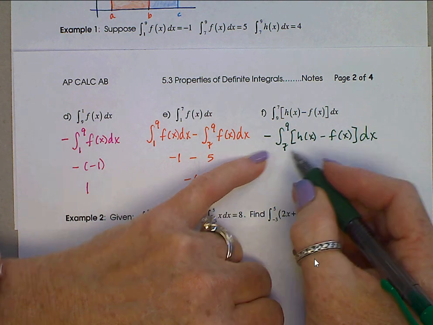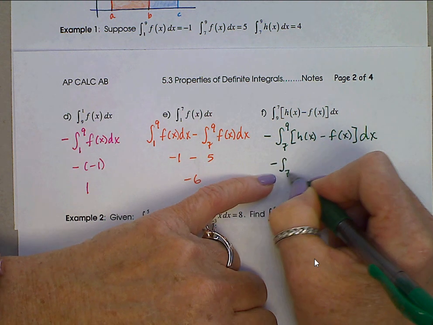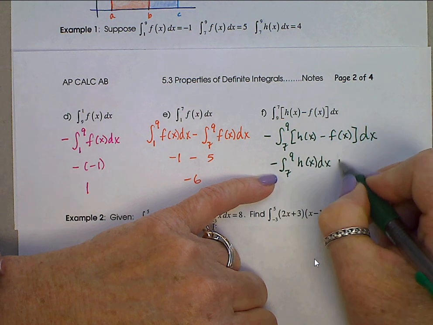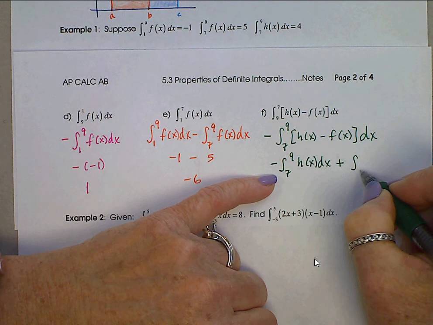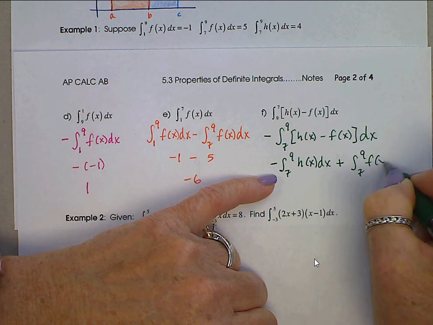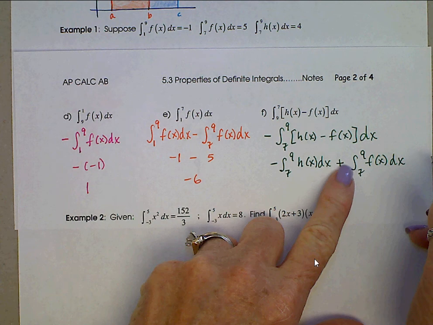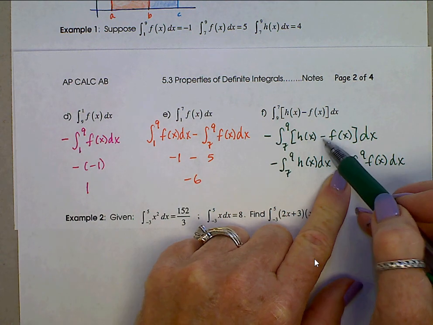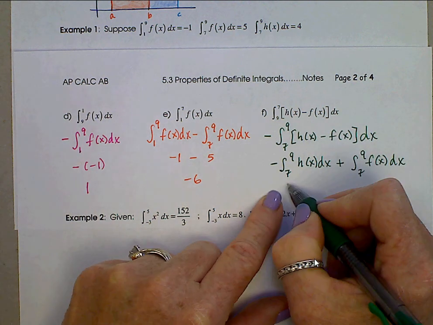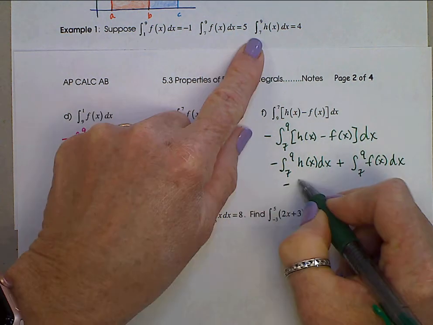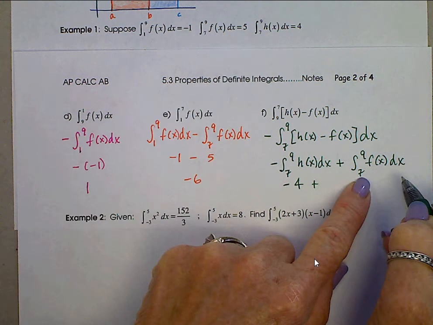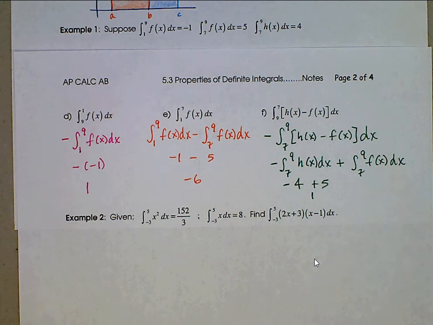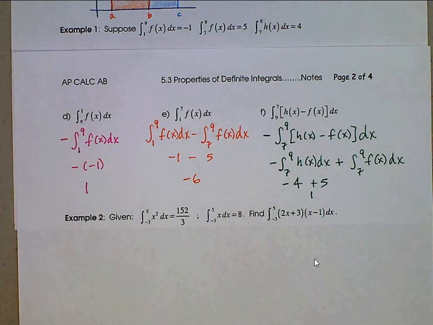And now separating, the opposite of the integral from 7 to 9 of h of x dx plus the integral from 7 to 9 of f of x dx, plus here, because this minus sign out here distributes through to this one, so that turns positive. So we have -4 plus a 5, which gives us 1. All right.